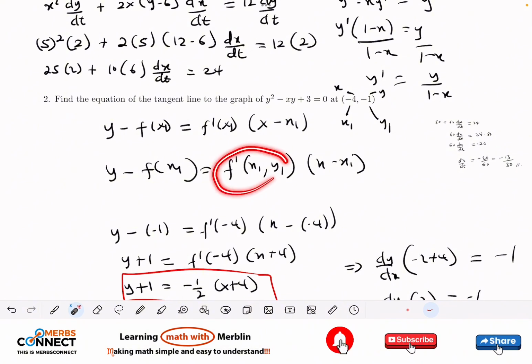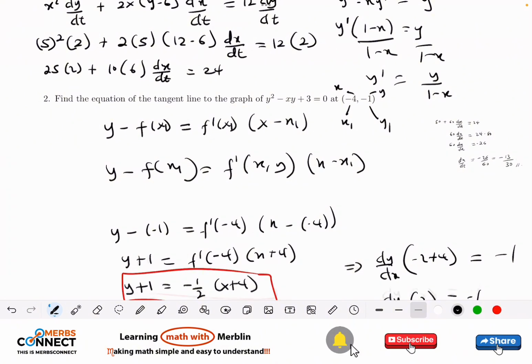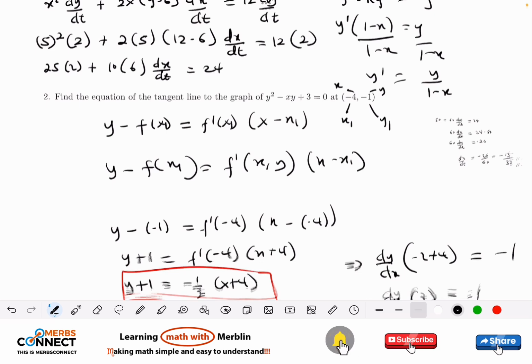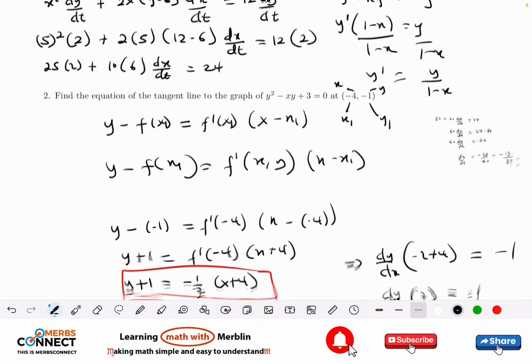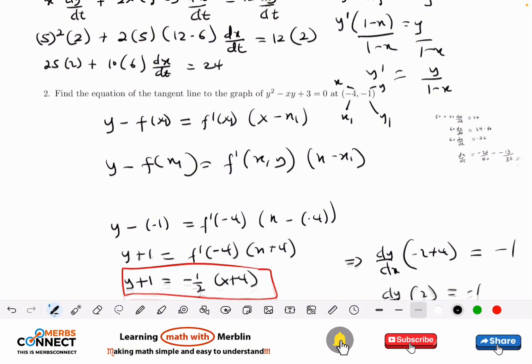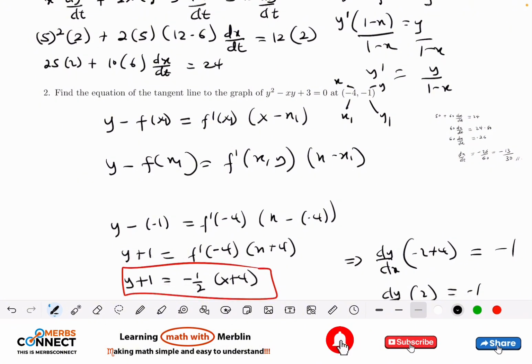So with the f prime, you see that when I'm done finding the f prime, it always involves x and then y. So it means that now it depends on two variables, x and y, instead of when we're dealing with explicit, where we have only x, or the function is in terms of y or x only, and then we are done with that.